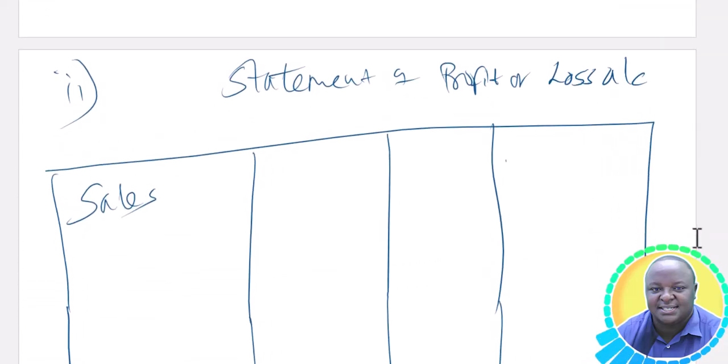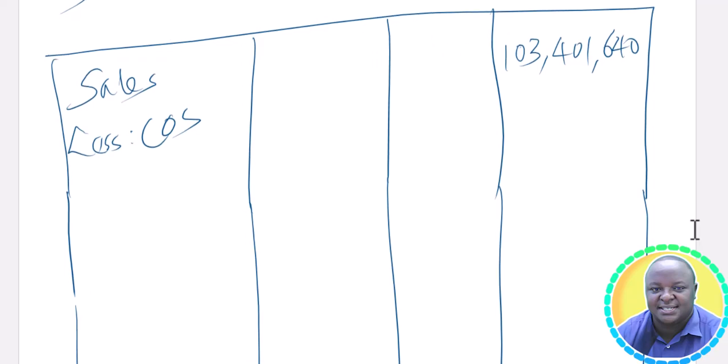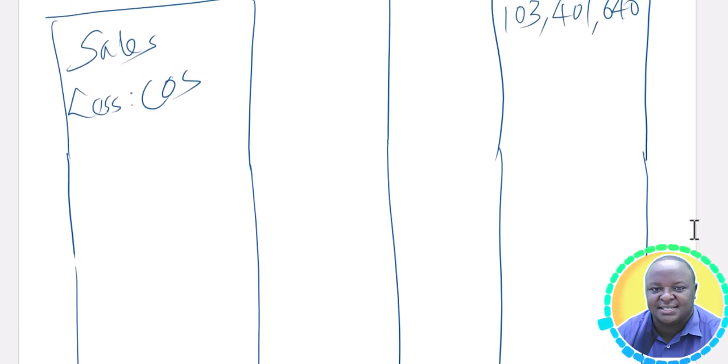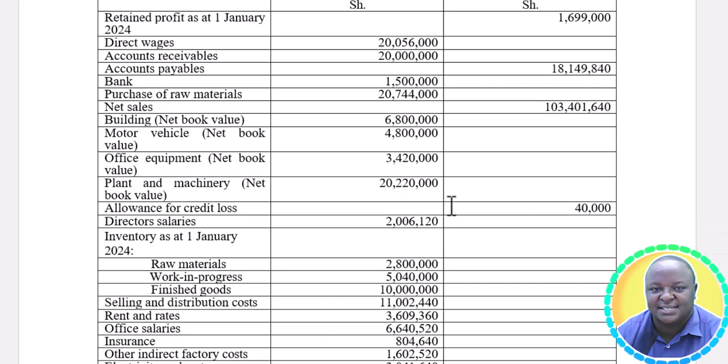So sales, we have 103,401,640, and then we will now less cost of goods sold. In cost of goods, we'll start with the opening stock. Now on the opening stock, we'll check on the opening stock for the finished goods.